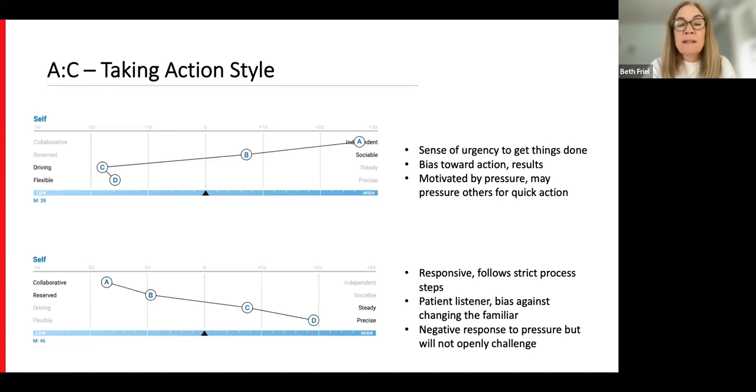A fighter pilot is going to be A higher than C. Ready, shoot, aim. Just anticipating everything around them, taking individual action, acting before something happens. A bomber pilot would be C over A. I'm careful. I have one target. I am going to be very focused. I'm not going to just push a button and see what happens because I'm impatient. That bomber pilot, fighter pilot is the AC factor combination.